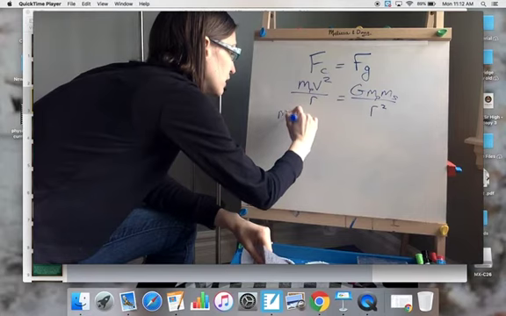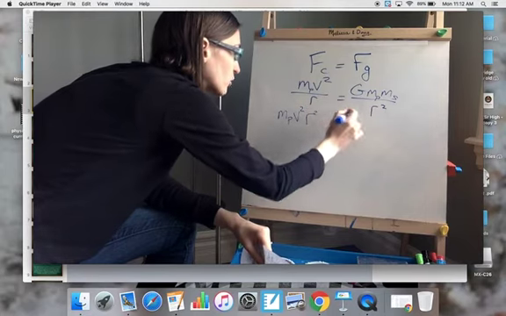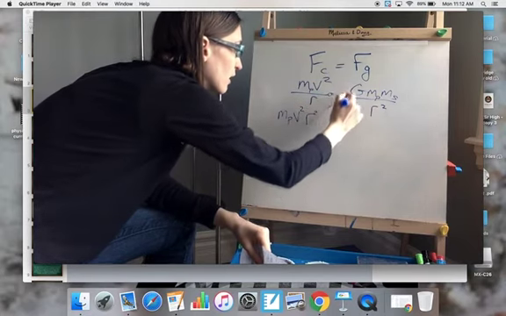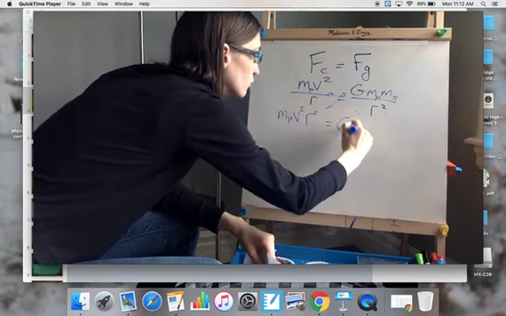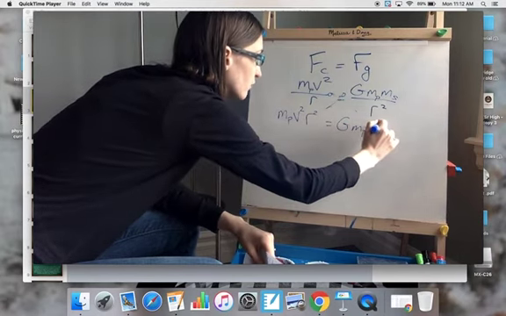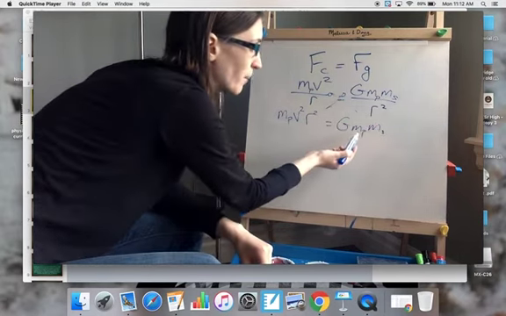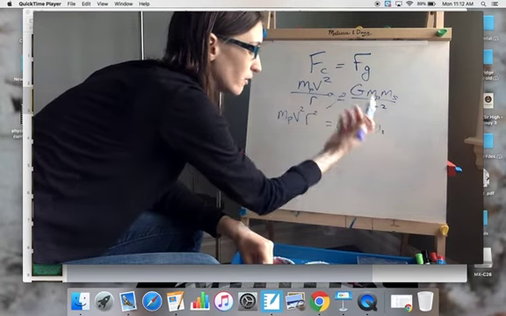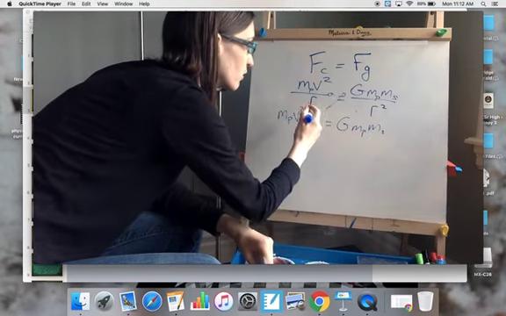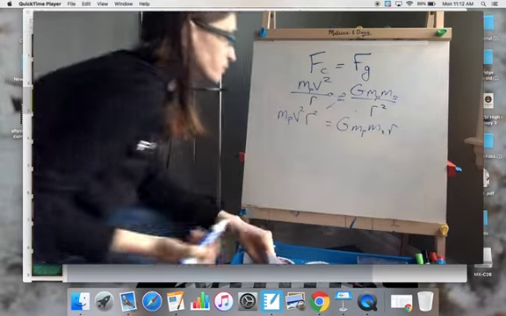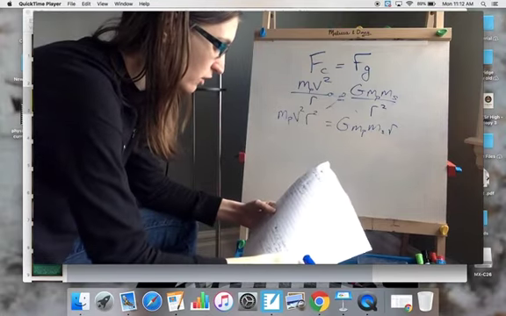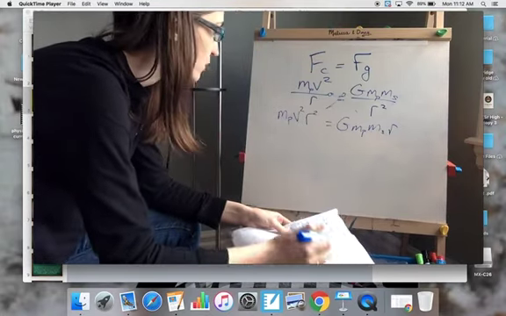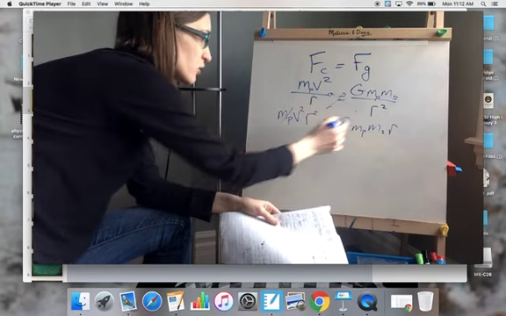So you've got m_p v squared r squared, and that's equal to G m_p, the mass of the planet, times the mass of the sun, or the mass of the thing that's orbiting around, and then times r. From there we see some things that are going to cancel. The mass of the planet is on both sides, so that can go.